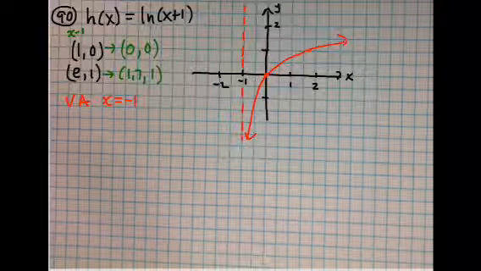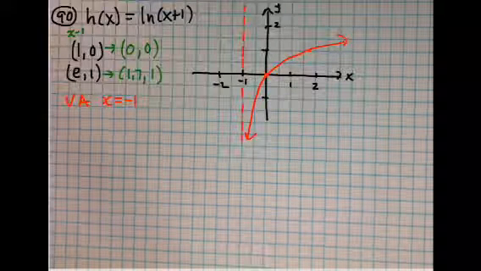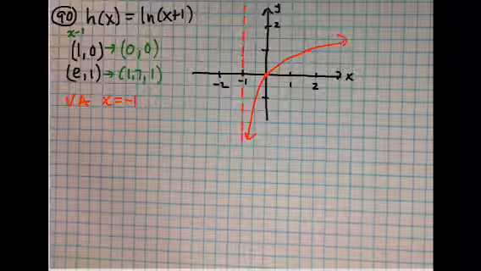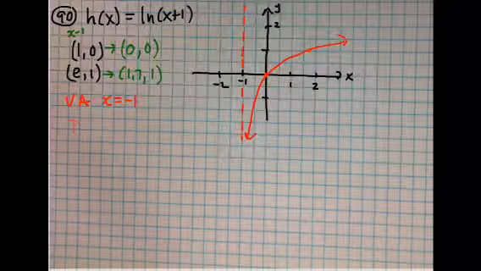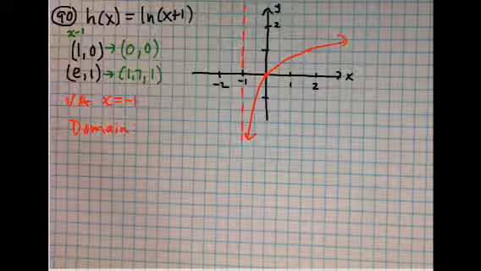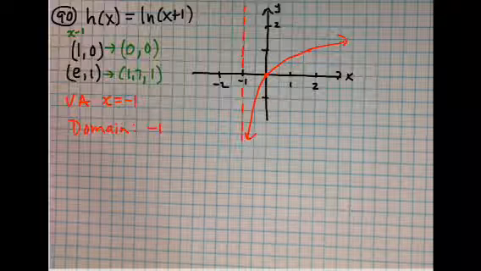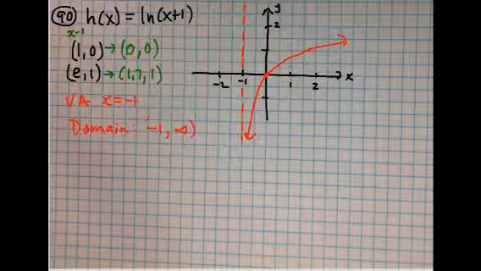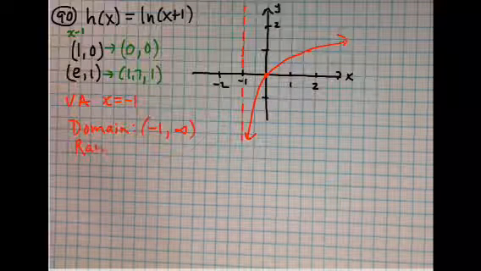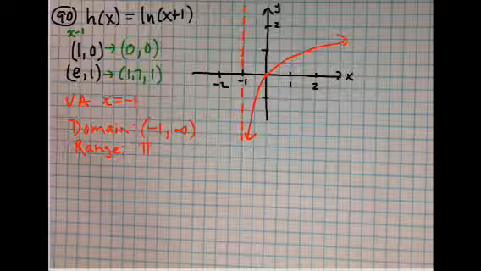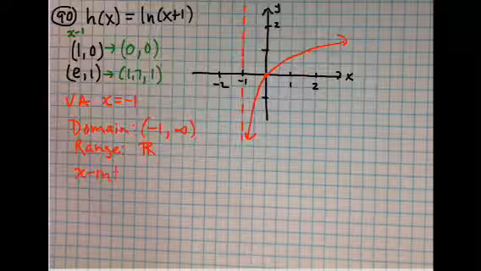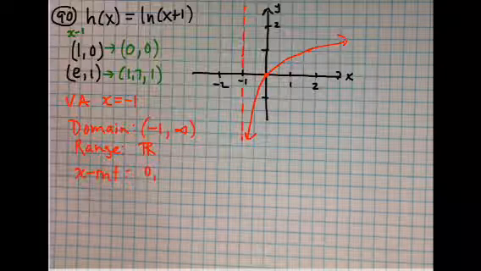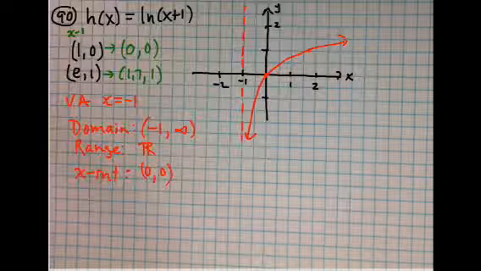And it's also asking you to give the domain, vertical asymptote, we already did that, and x-intercept. So the domain is all numbers greater than negative 1. Now I know it didn't ask you for the range, but the range is all reals. And the x-intercept is 0, 0, which also happens to be the y-intercept.